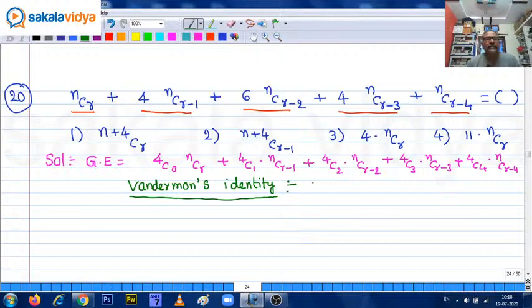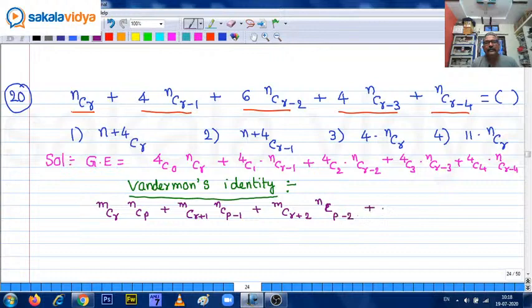It is stated that mC0 nCp plus mC1 nCp minus 1 plus mC2 nCp minus 2 and so on equals m plus n Cp.